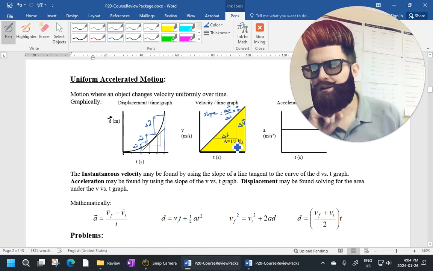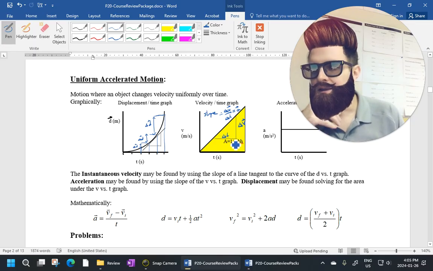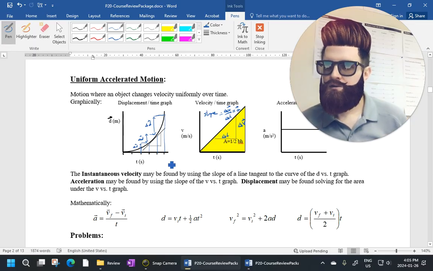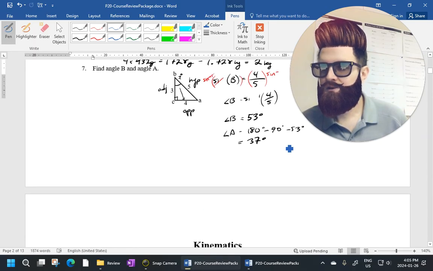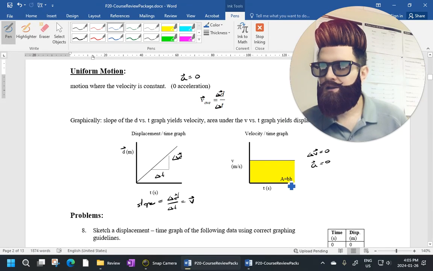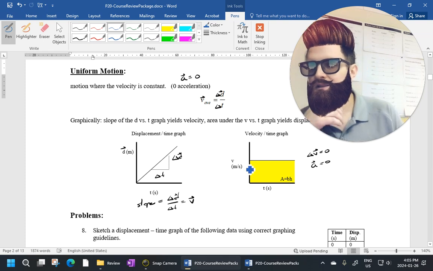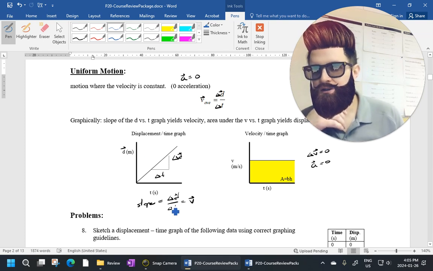Now, they talk about this area here, 1/2 base times height, or 1/2 length times width. That there is how far you move. So I didn't do that up here, in this equation up here. Here they put area as base times height. The reason they have that there is if I look at this equation, and I rearrange it, because here my length is my velocity, just a nice constant velocity, that's velocity.